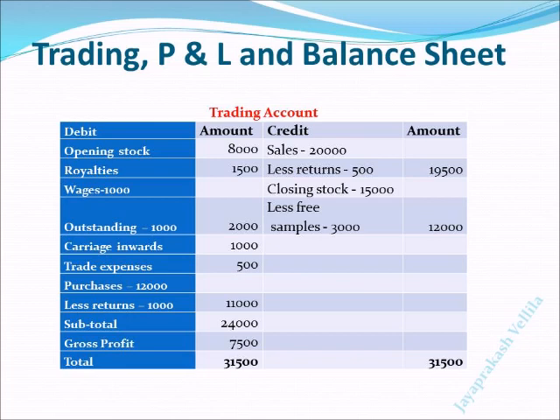Adding right side we get 31,500, left side it is 24,000. Debit side is less than credit side, so it is profit. Therefore, gross profit is 31,500 minus 24,000 is equal to 7,500.